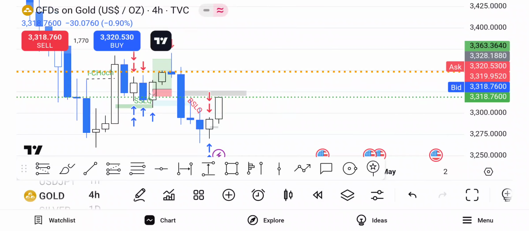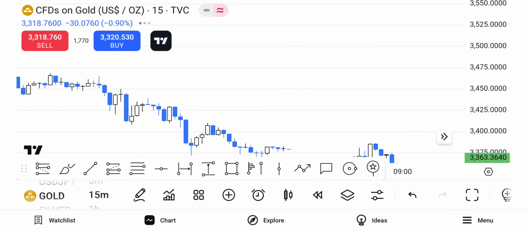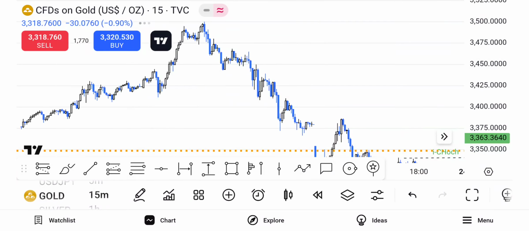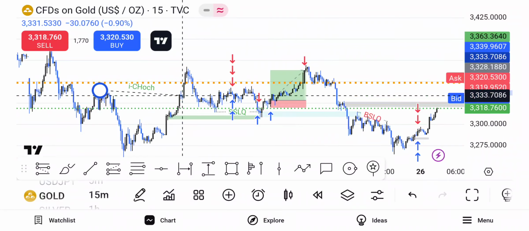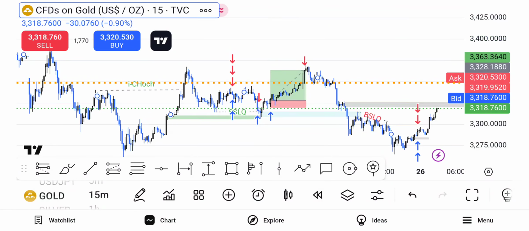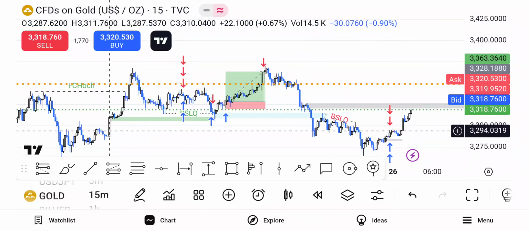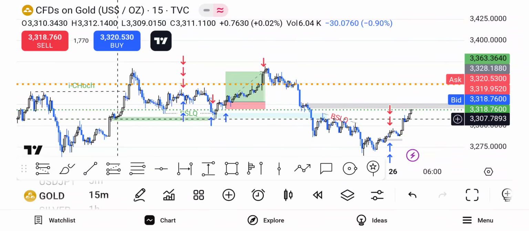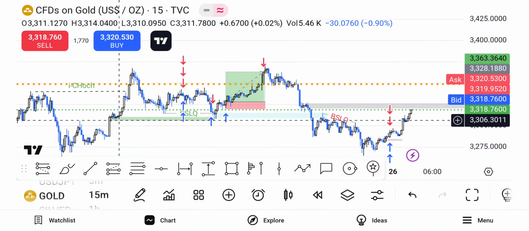So if we get down on the 15-minute chart, where is it? Right about here. This was the internal change of character, and after that we let liquidity build up near the supply, which caused the breakup structure right about here. This was the high low that caused this breakup structure.